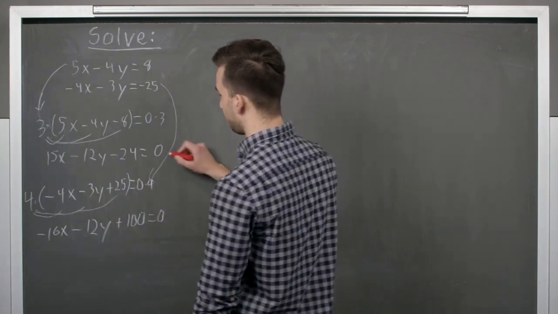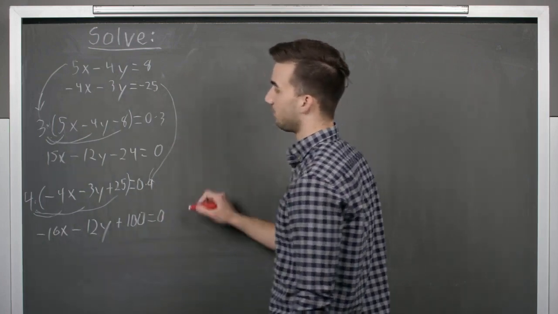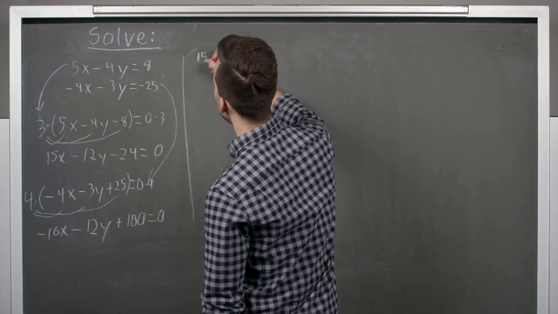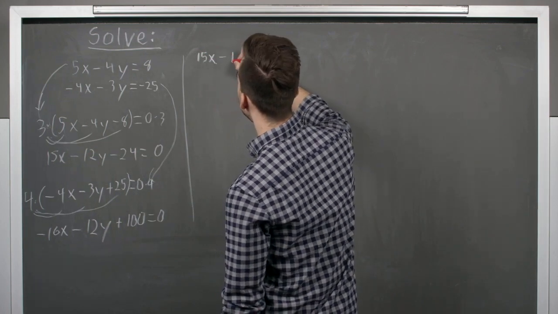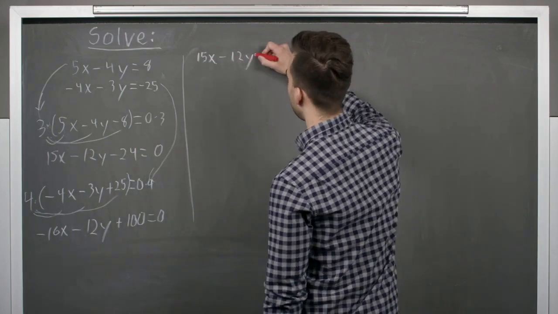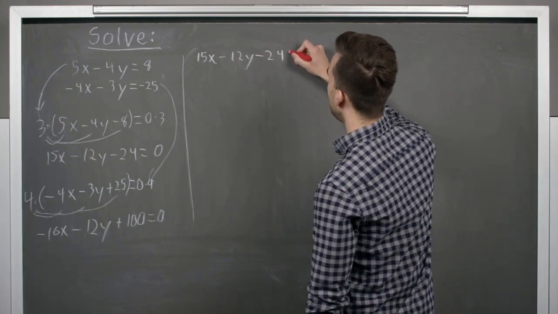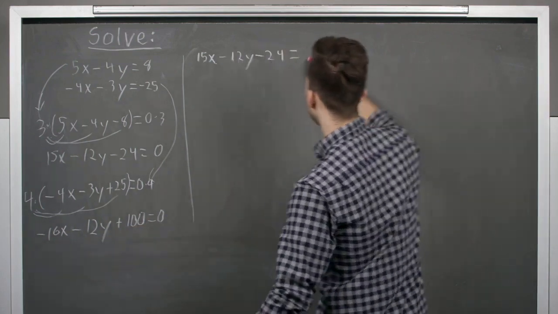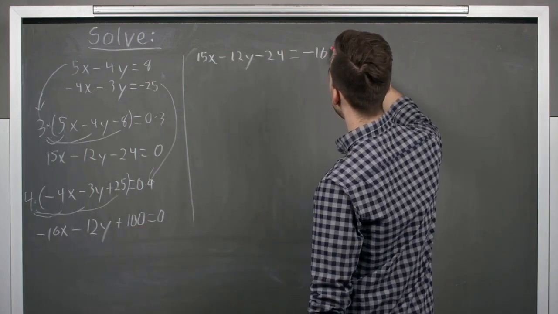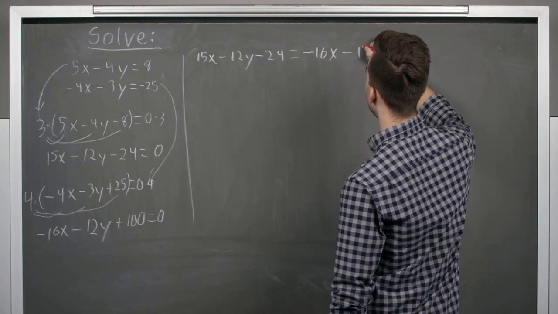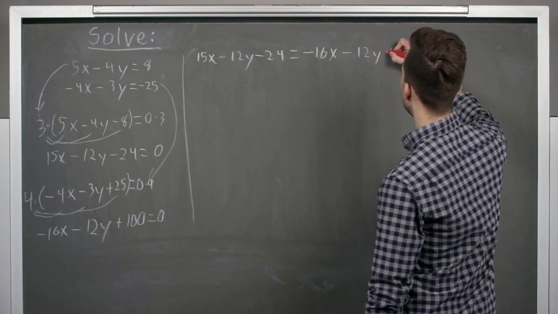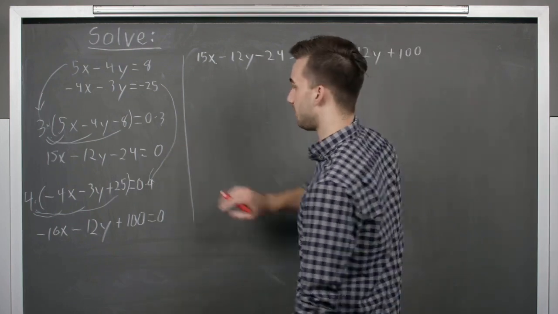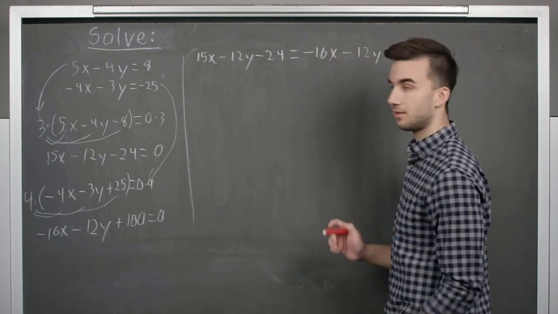So we have our two equations here, and we can set them equal to each other. So let's take the first one. We have 15x minus 12y and minus 24 equal to our second equation, minus 16x, and then minus 12y plus 100. Remember, we could only set these equal to each other because they were both equal to 0.